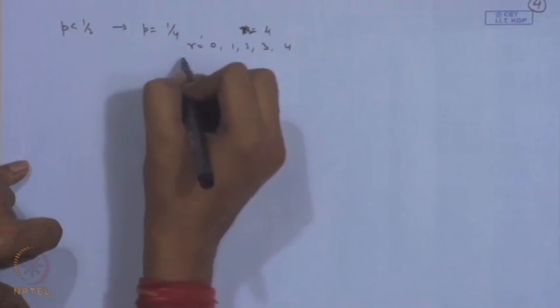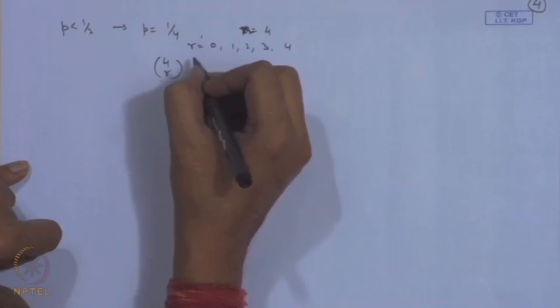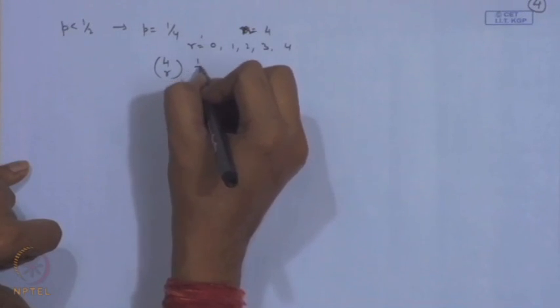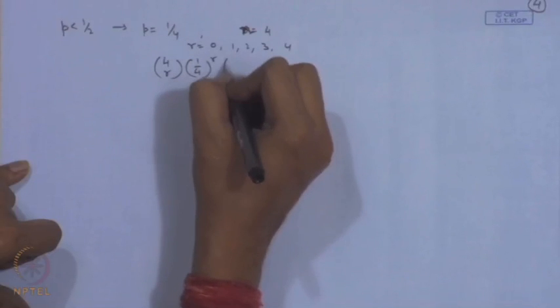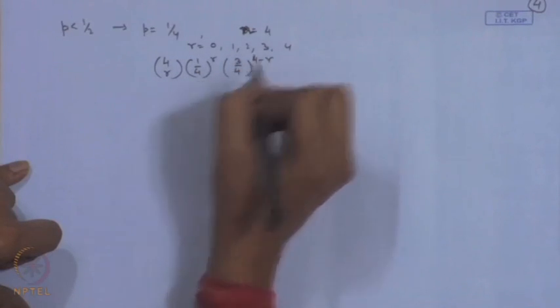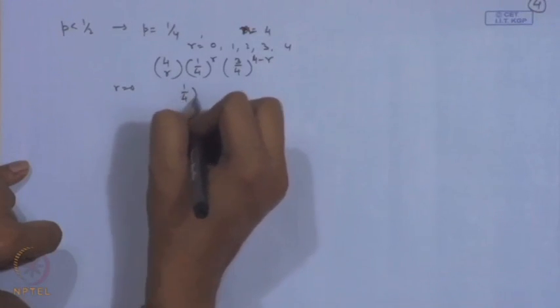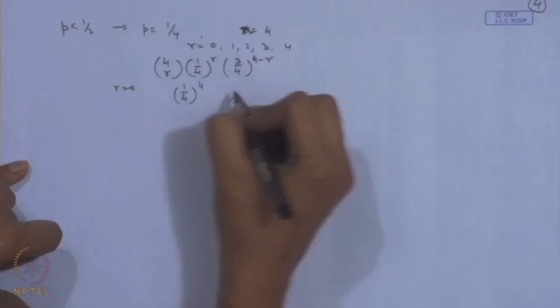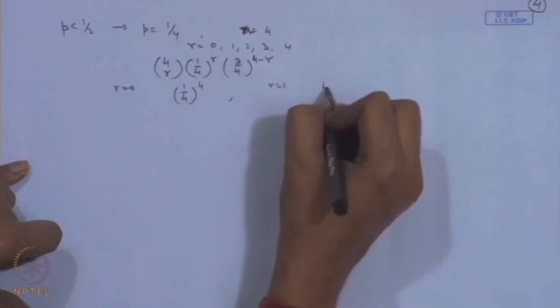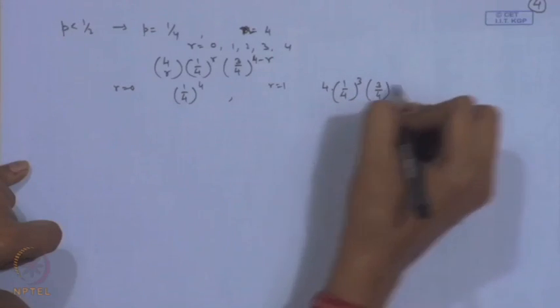Let me write down the probabilities here. 4Cr 1 by 4 to the power r, 3 by 4 to the power 4 minus r. Now, corresponding to r is equal to 0, this will be 1 by 4 to the power 4. Corresponding to r is equal to 1, this will be 4, 1 by 4 cube, 3 by 4.